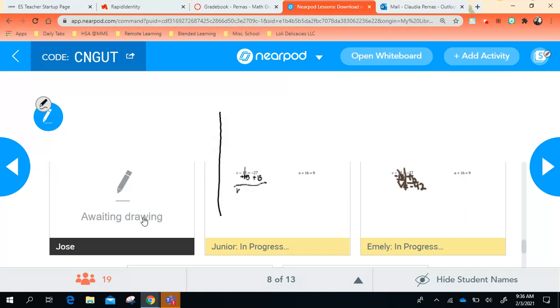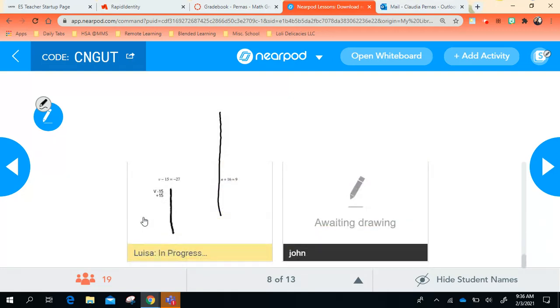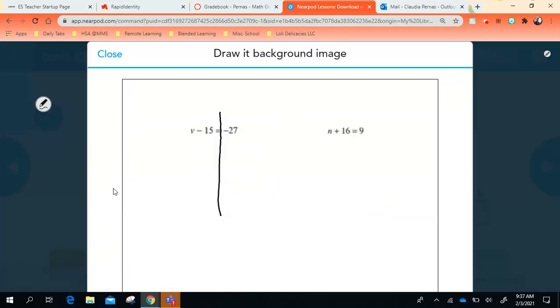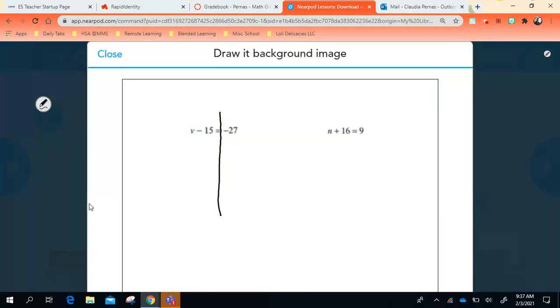Emily, same thing for you. You worked it out fine on top. You have negative 27 plus 15, but your answer does not reflect that. Junior, yours looks good. Luisa, va bien. William, you haven't finished the first one, so you shouldn't be moving on to the second one.